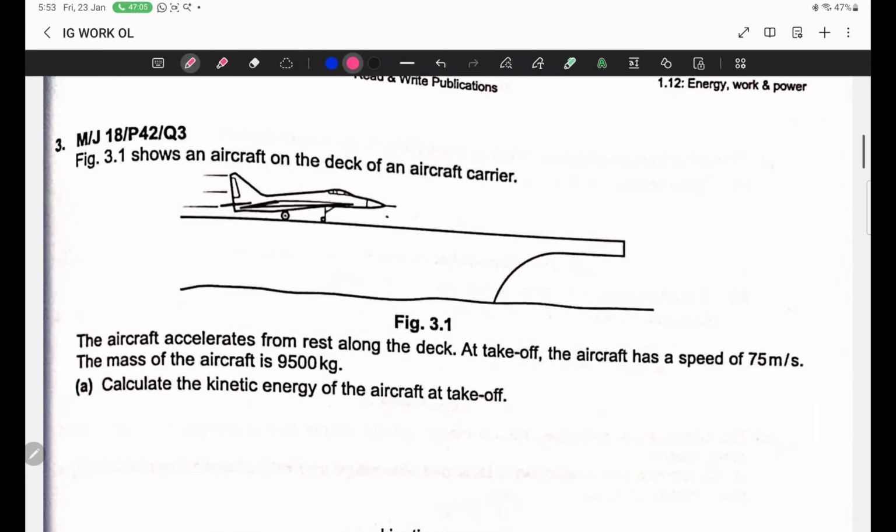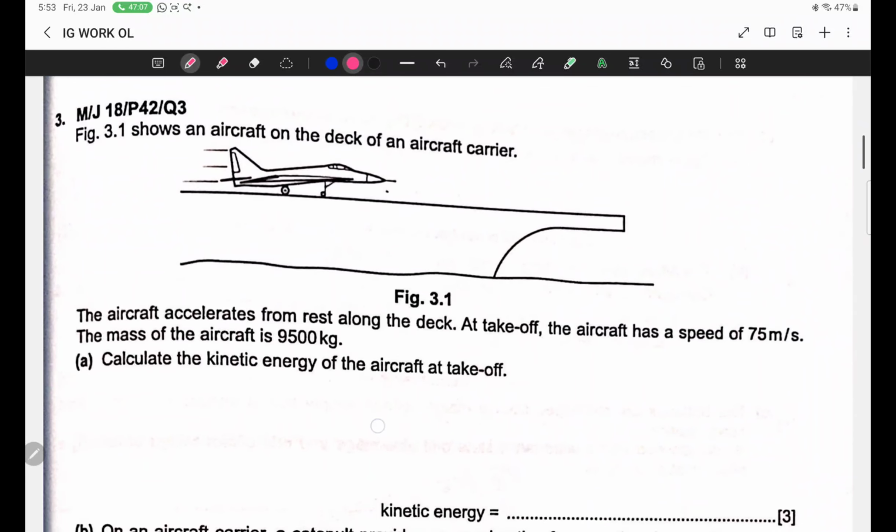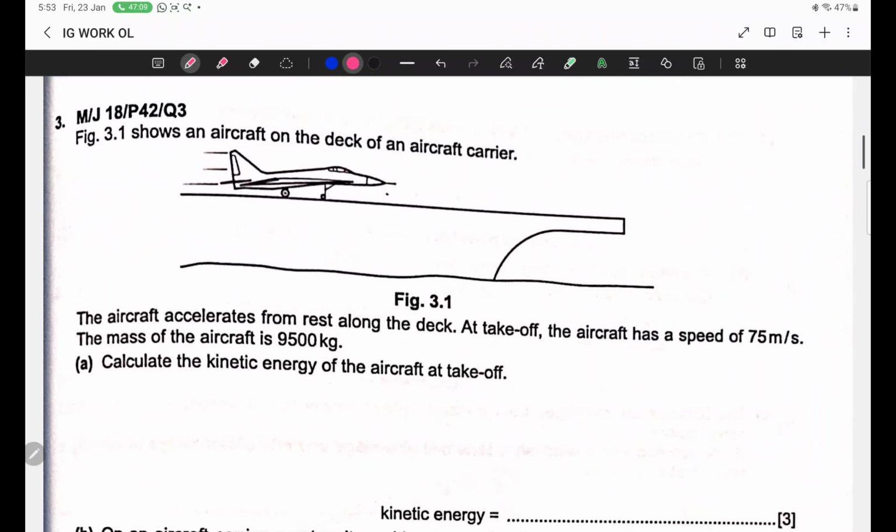And now we have another question. In this question, an aircraft is on a deck of an aircraft carrier. The speed of the aircraft is 75 meter per second. The mass of the aircraft is 9500 kg.